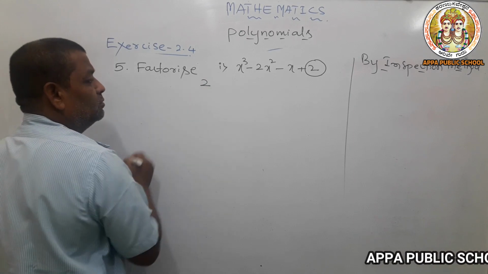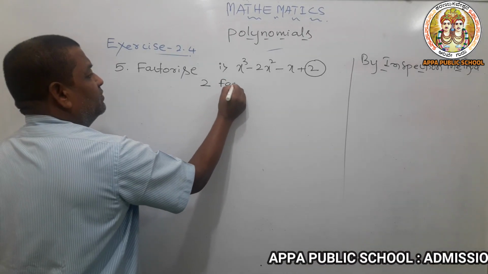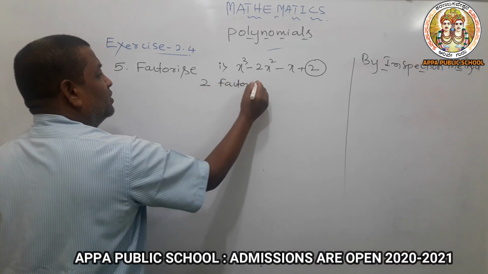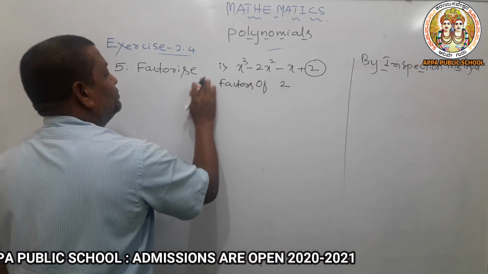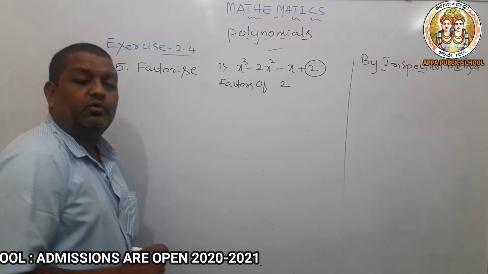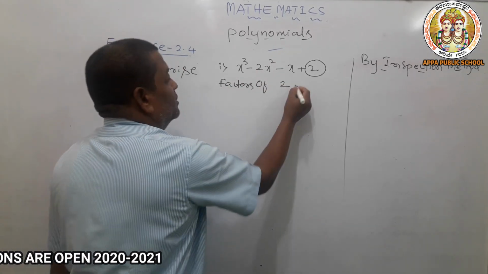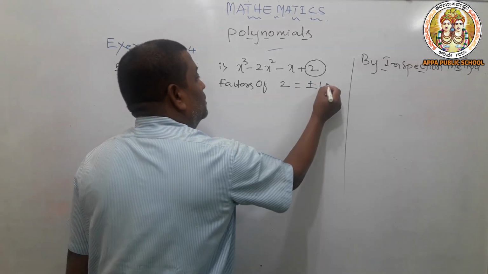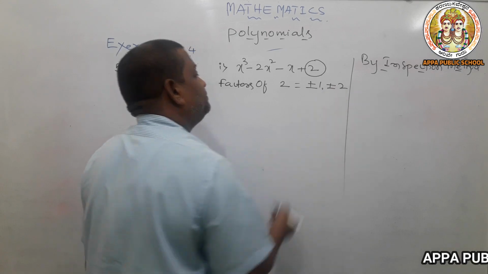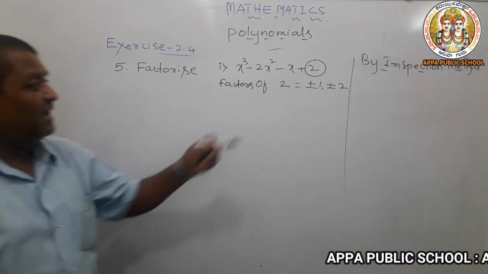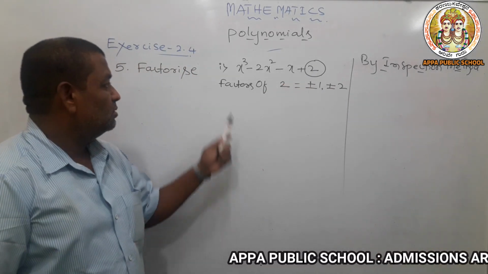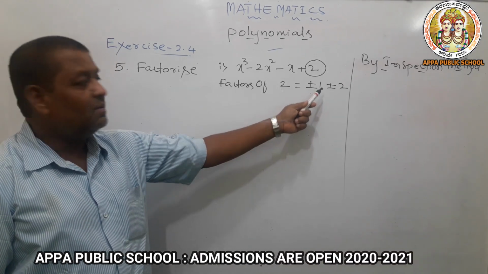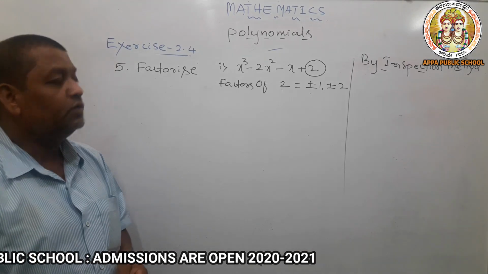Take that 2 and see the factors of 2. Which are those? Definitely plus or minus 1, plus or minus 2 are the factors of 2.